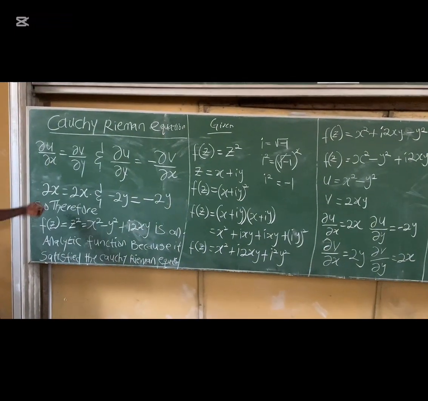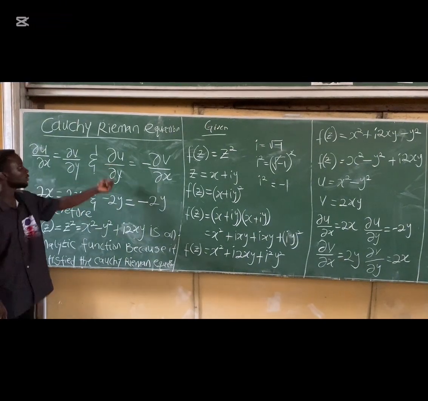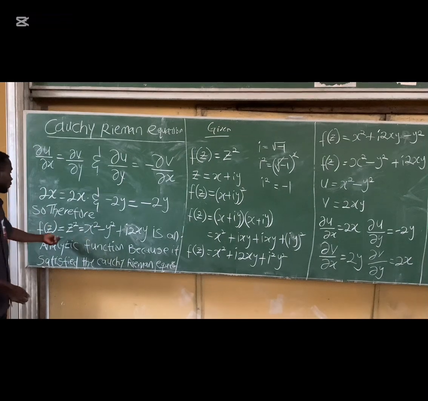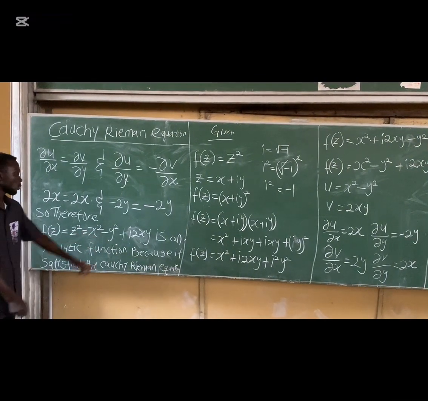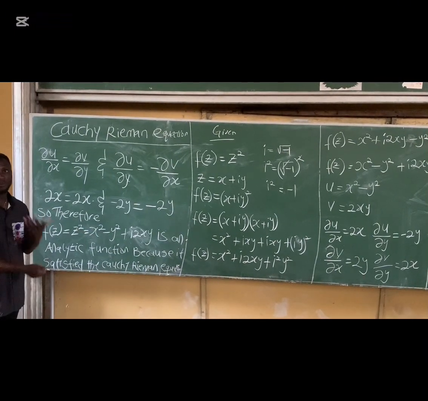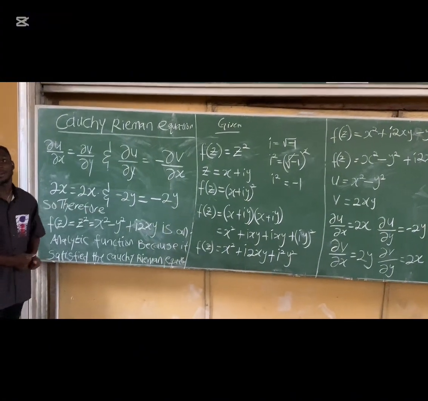Since 2x is equal to du dx is equal to dv dy, and your du dy is equal to minus dv over dx, our function f of z equal to z squared equal to x squared minus y squared plus i2xy is an analytic function. So this is how you solve questions on analytic functions.